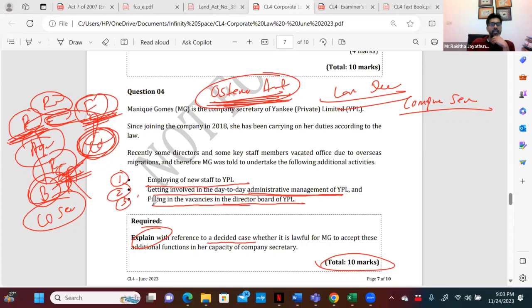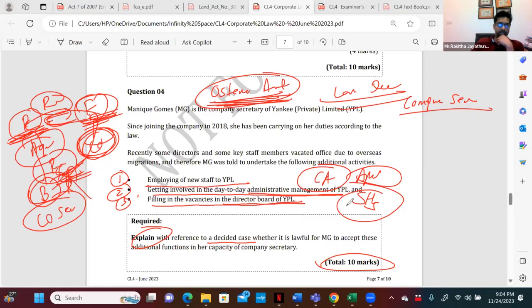Filling in the vacancies in the director board, can he do that? That he cannot. Why? According to the Companies Act, who can appoint the directors? Appointment of directors can only be done by the shareholders of the company.